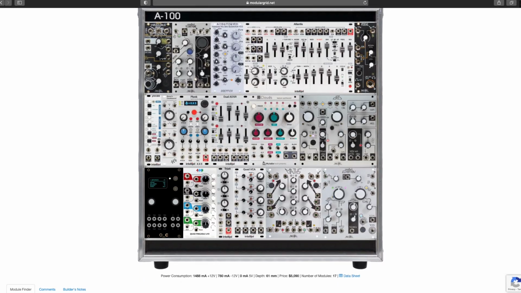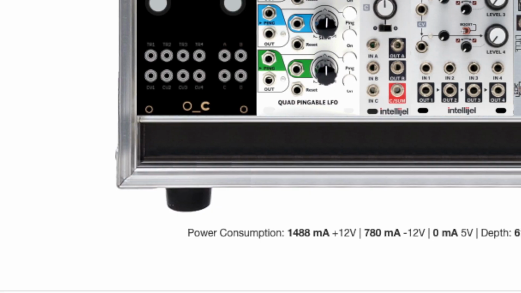So another thing about modulargrid.net that's nice is that when you're building a rack within the system, it will give you lots of nice little information as well. Primarily, you're going to get information about your current draw, which is something you want to think about, especially when you go on to work on wanting to get a case and plan out your case system. Obviously, the two go hand in hand, but when you're looking for a commercial case, current draw is one of the big things you need to consider.